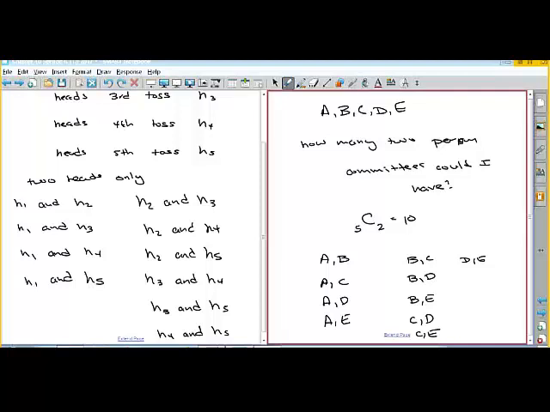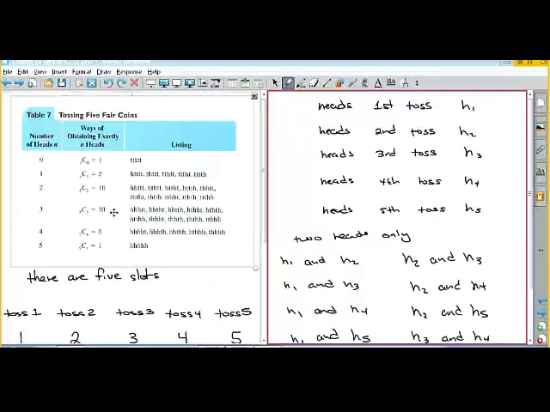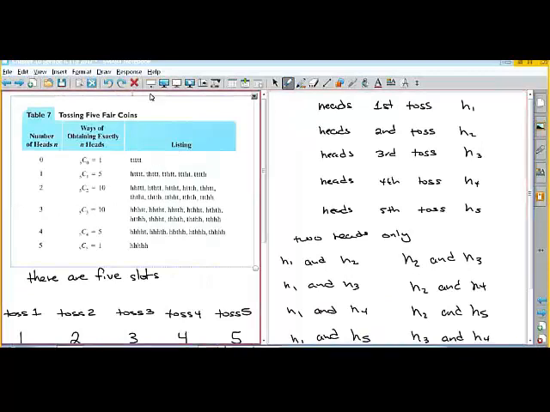And here are my different ways of getting 2 heads. I can get it on the first toss and the second toss and so forth. So I'm doing the same thing, even though I'm not selecting a committee or samples, but by casting the problem in that way, I can convince myself that those are what the results should be.